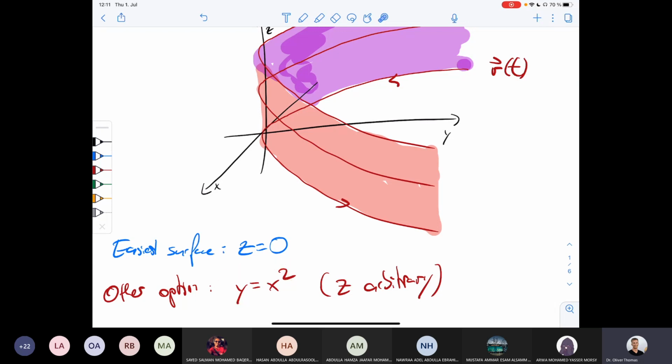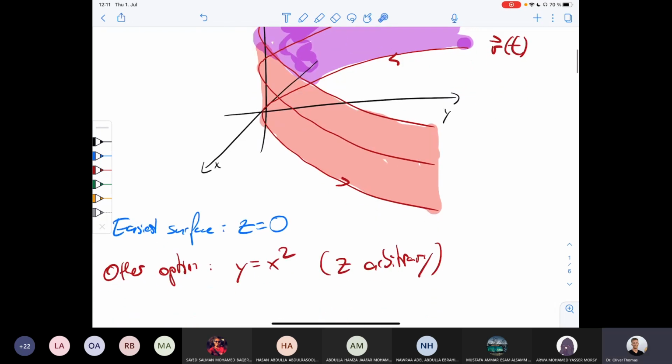We have this parabola, and then we move it up and down. How do we come up with this?